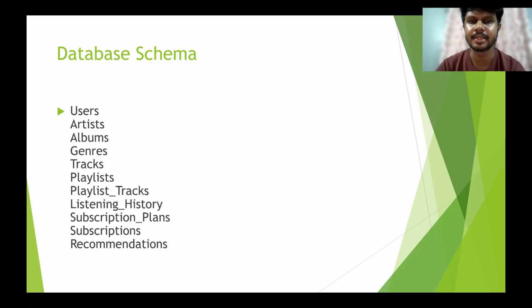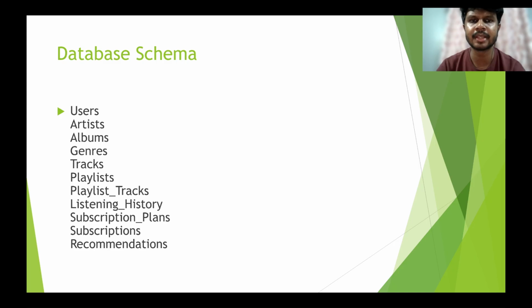Next is the users table, which stores information about every registered Spotify user, including username, email, password, country, etc. Apart from it, there is the artist table, which stores information about singers and music creators. Then next is albums, and this table stores albums released by artists. Then next is the genre table, which classifies the tracks into different music categories.